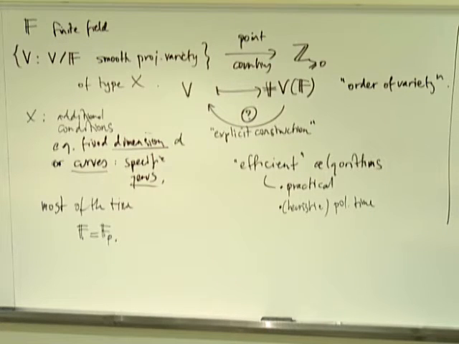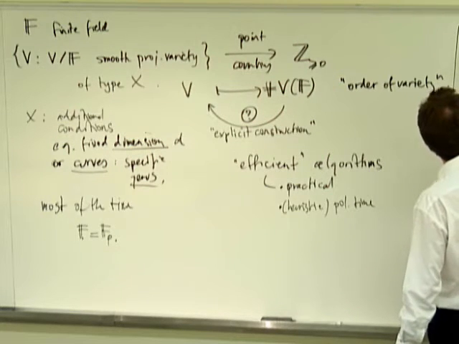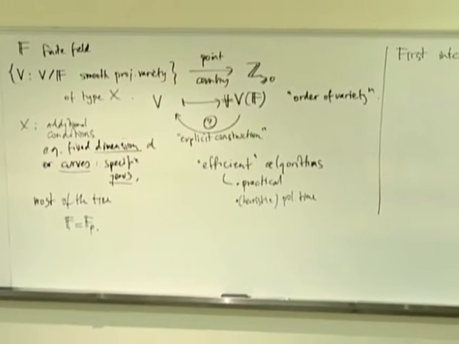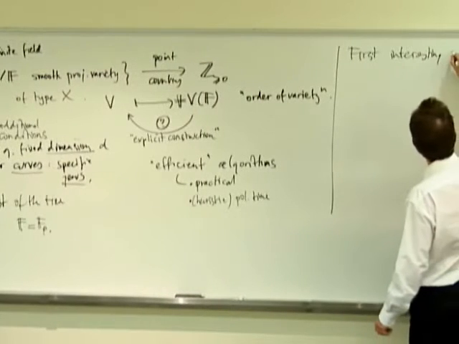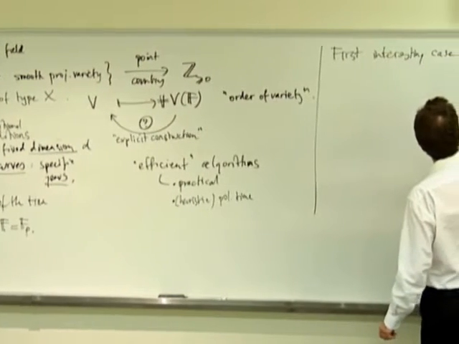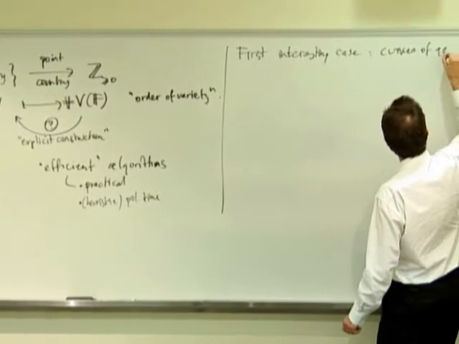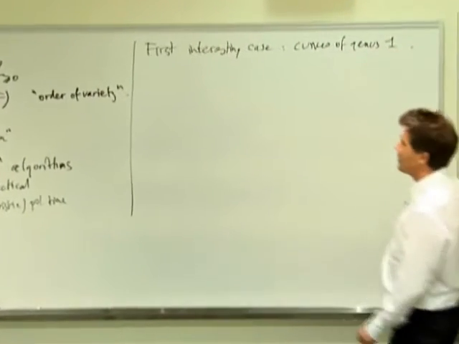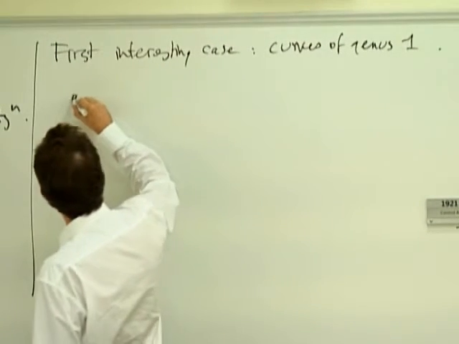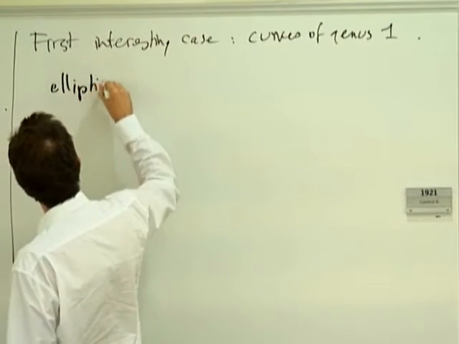So the first interesting case, and a very important case for us, which will also be the motivating example for all genus 2 constructions, is where you look at curves of genus 1. That basically means we're looking at elliptic curves. So that's the elliptic curve construction problem.